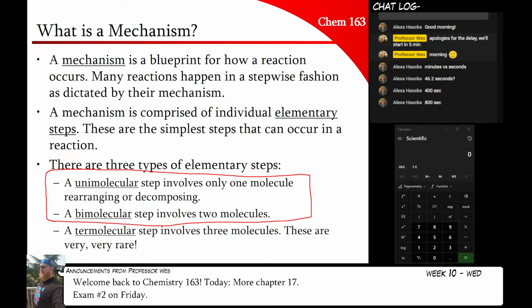They do exist, but we're going to assume that they don't for our purposes. So we're going to define a reaction as a series of these steps, and each step can either have a molecule bonking into a wall and decomposing or doing something, or a molecule bonking into another molecule and then doing something.